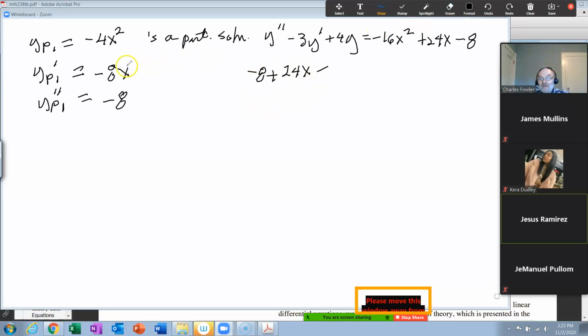Plus 4 times a minus 4x squared, that's minus 16x squared. Okay, we'll look at that. Minus 8 plus 24x minus 16x squared.